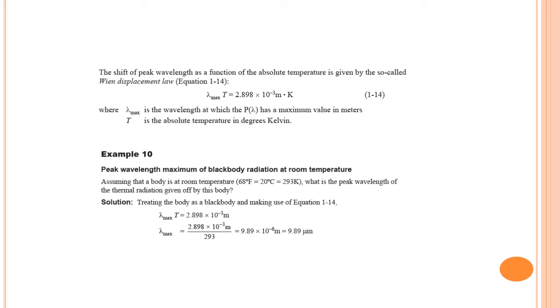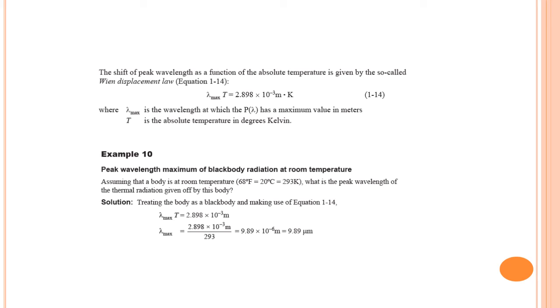In this example, assume a body is at room temperature of 68 degrees Fahrenheit, which is 20 degrees Celsius, or 293 degrees Kelvin. What is the peak wavelength of the thermal radiation given off by this body?